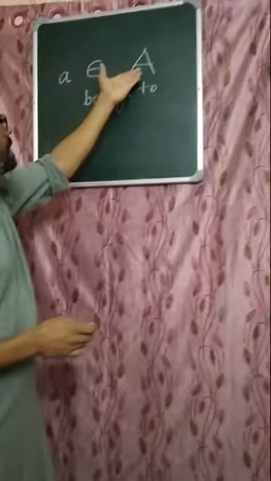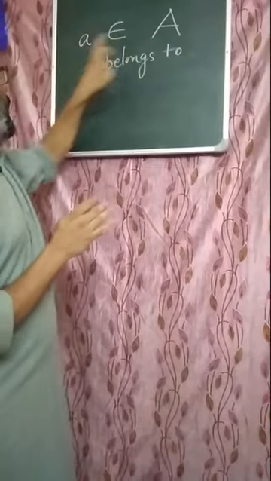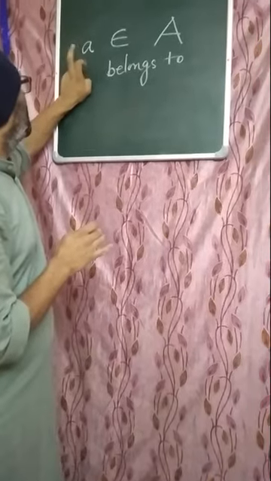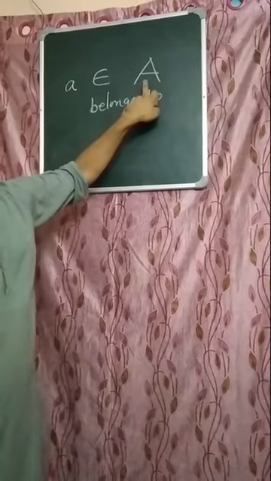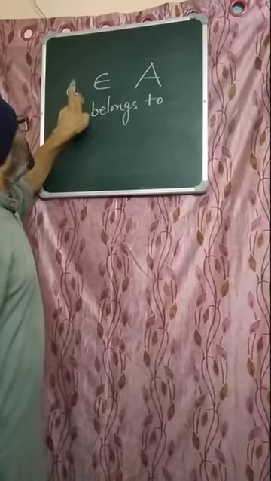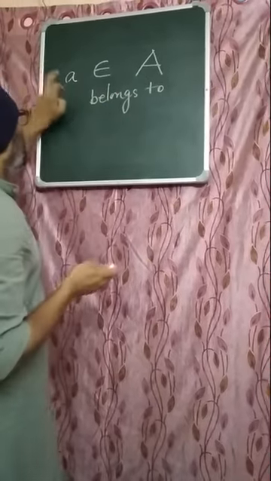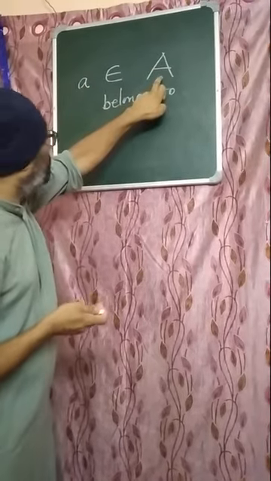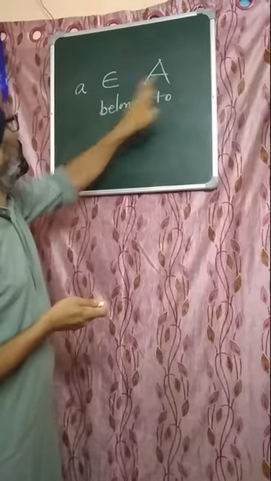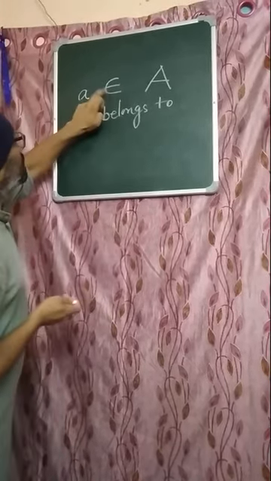So here A represents a set, and there is one element a which belongs to the set capital A. It means that a is contained in the set A. There may be other elements also, but a belongs to set A. So a is an element of A, or a is a member of set A. This is written in symbolic form as a ∈ A. This symbol means belongs to.